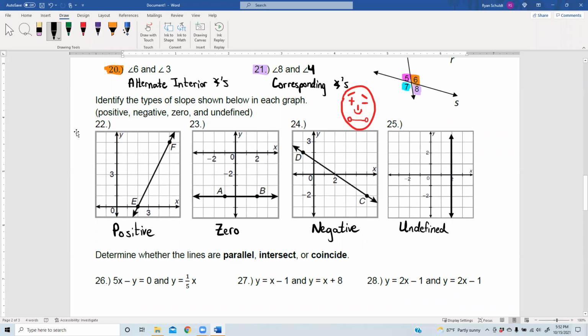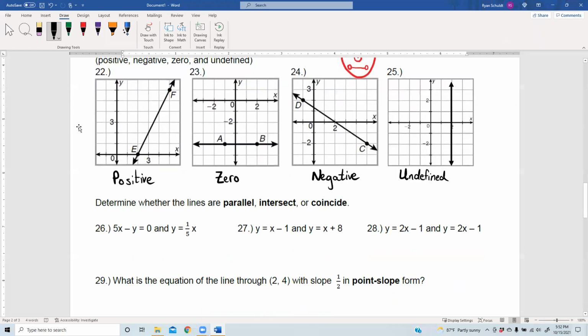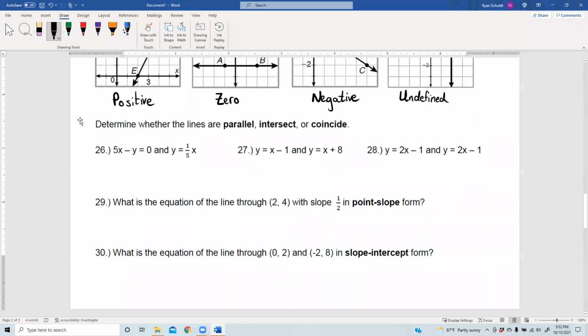So there's those. For the next ones, we have to determine whether the lines are parallel, intersect, or coincide. So on these, parallel means they have the same slope, different y-intercept.